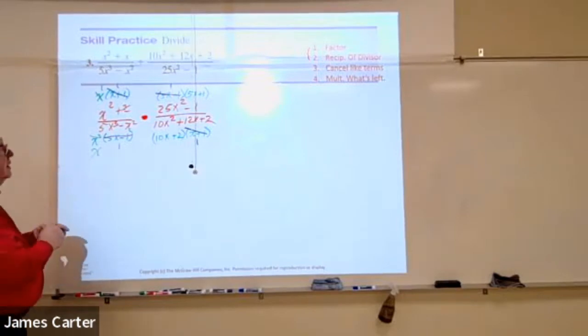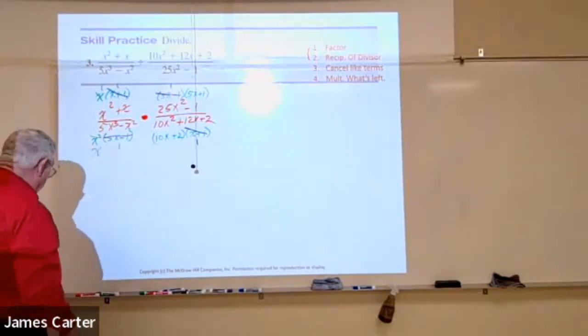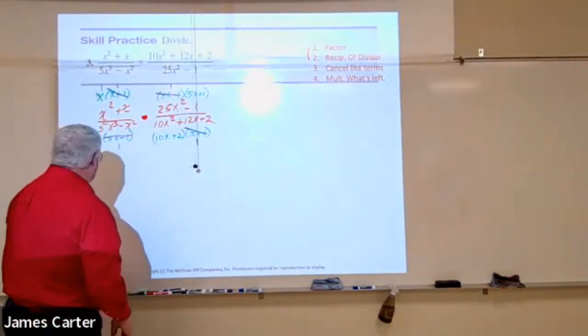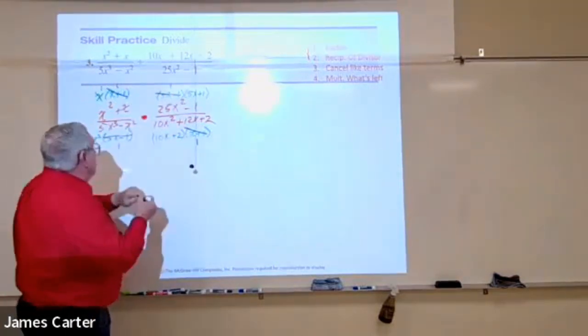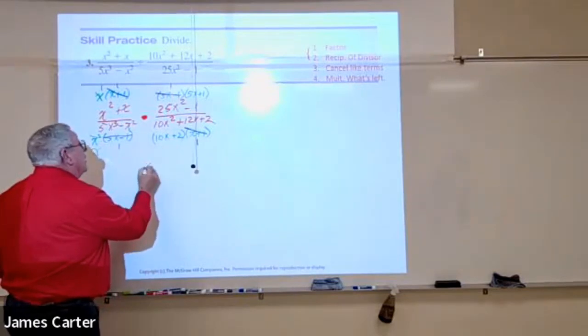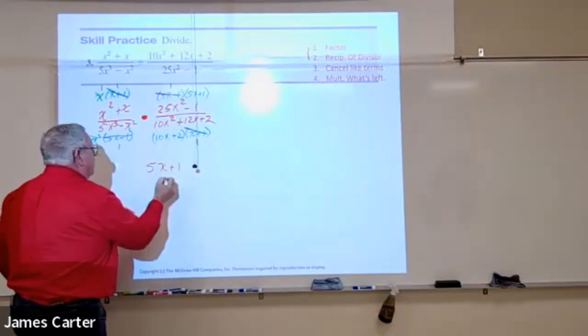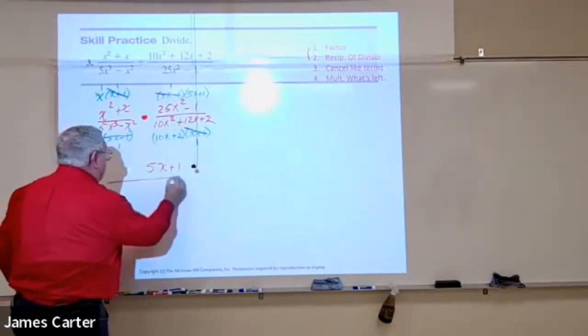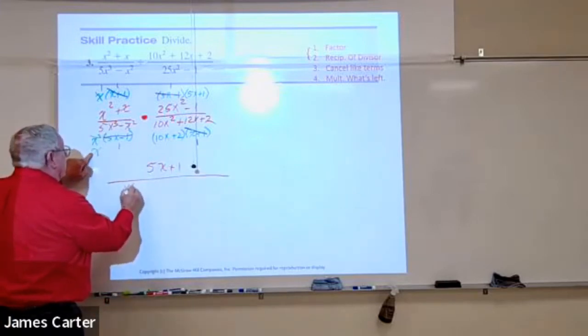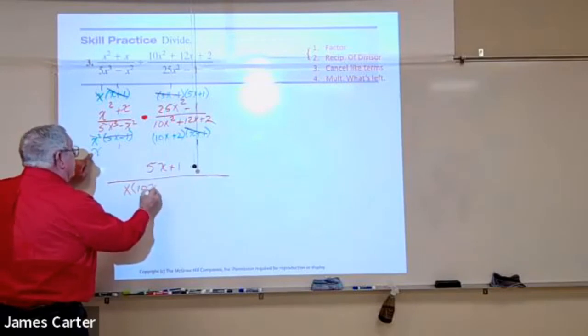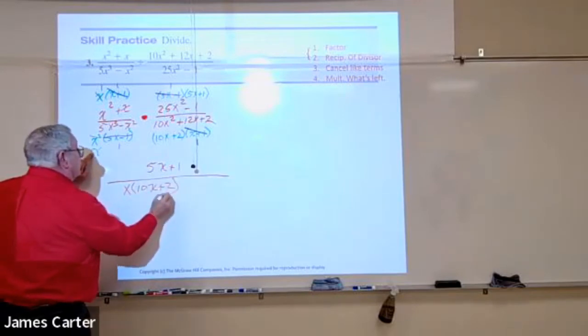Okay, so now we're going to multiply out whatever's left. So I've got 1 times 1 times 1 times 5x plus 1 all over x times 10x plus 2.